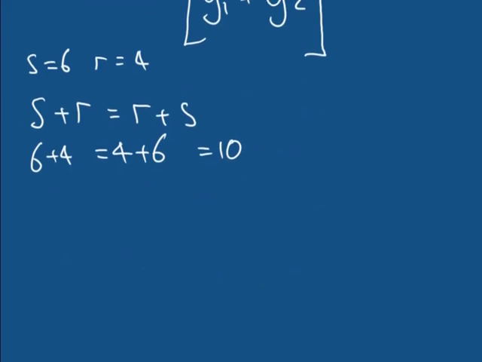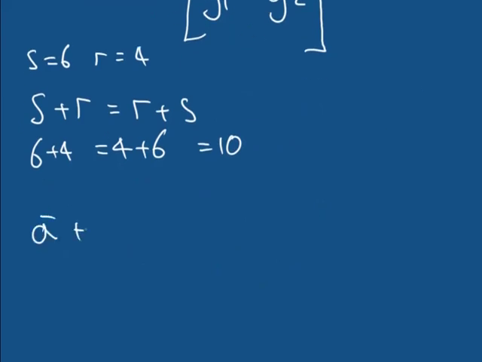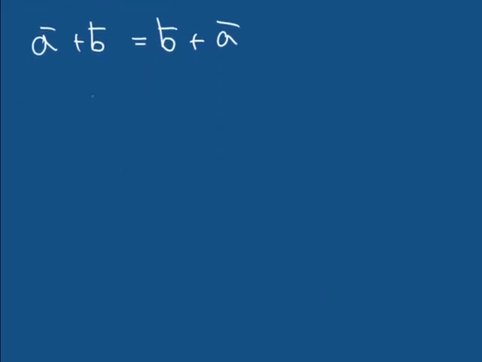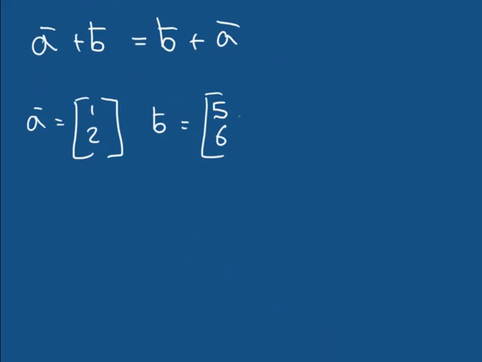So vector addition, where we have vector A plus vector B, is also commutative, because A plus B is equal to B plus A. If I was to actually assign numbers to some vectors, let's say A is equal to 1, 2, and B is equal to, I don't know, 5, 6.